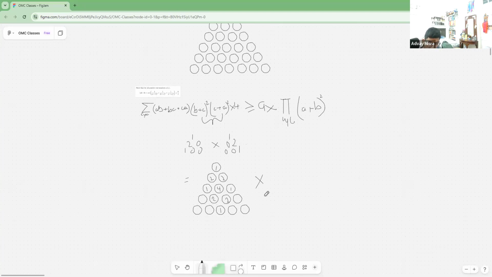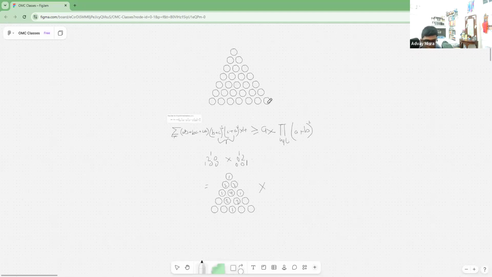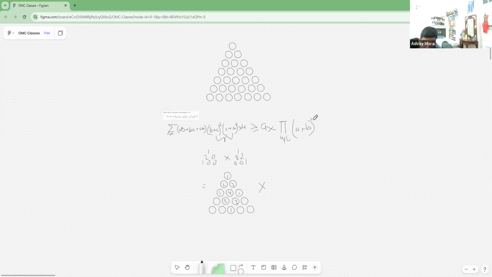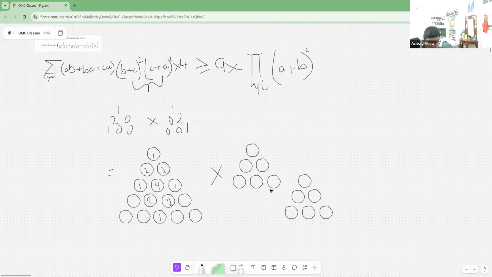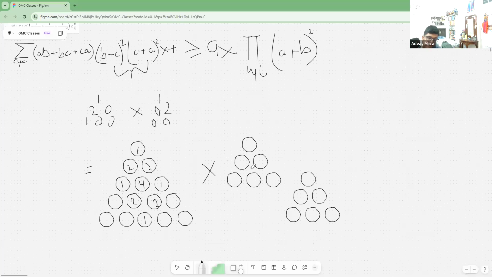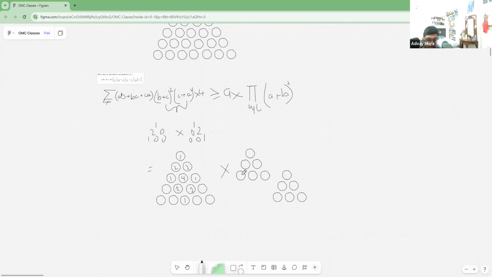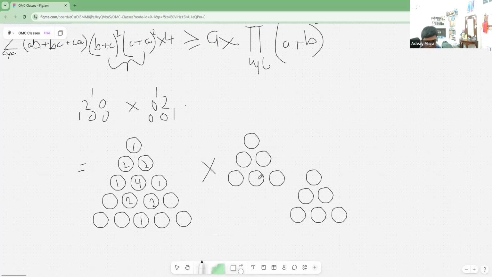And now we are multiplying this by two different, also second degree things. One of them is this, and the other is this.